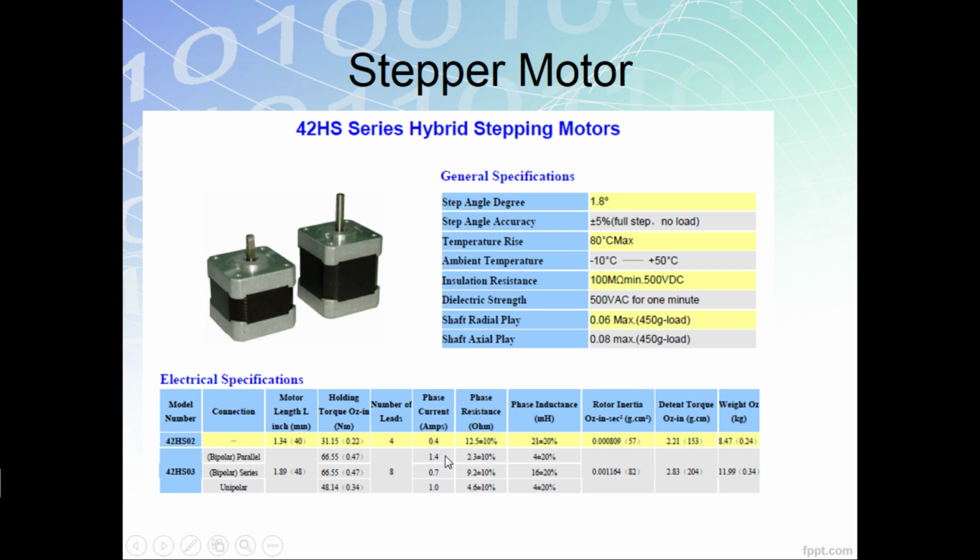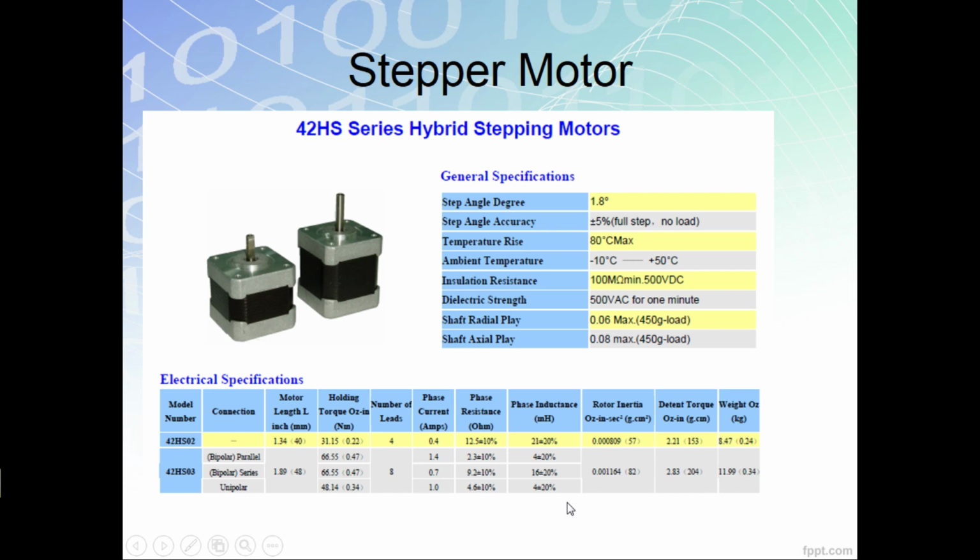The phase current, since it is in parallel, would be 1.4. It is higher than the series one. The phase resistance, the phase inductance, the rotor inertia. This is what we have in the introduction to motor part, and we have a detent torque and the weight of the motor.